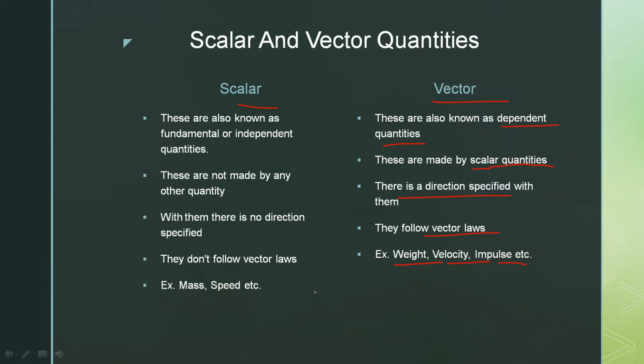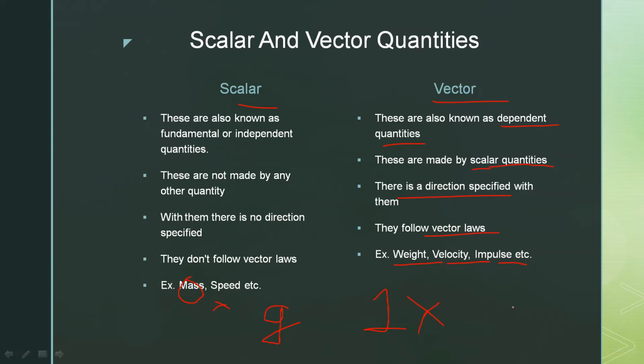What is weight? Weight is mass multiplied by acceleration due to gravity, which we represent as g. I will tell you about it later on. And one more thing, acceleration is also a vector quantity. I have not mentioned it here, but you should write that acceleration is a vector quantity. So let us find the weight of a 1 kg mass object. It will be 1 into g.